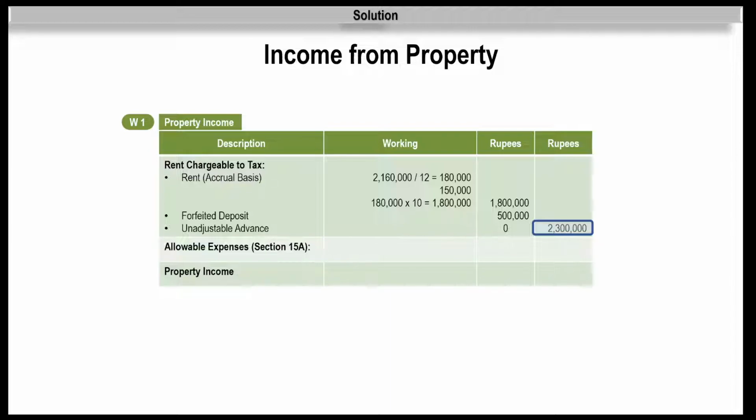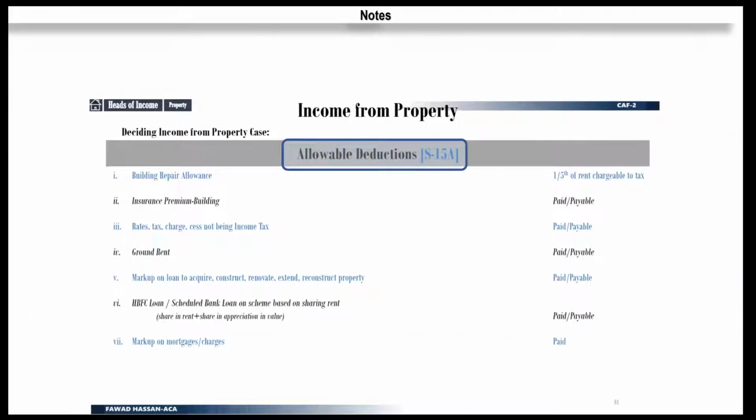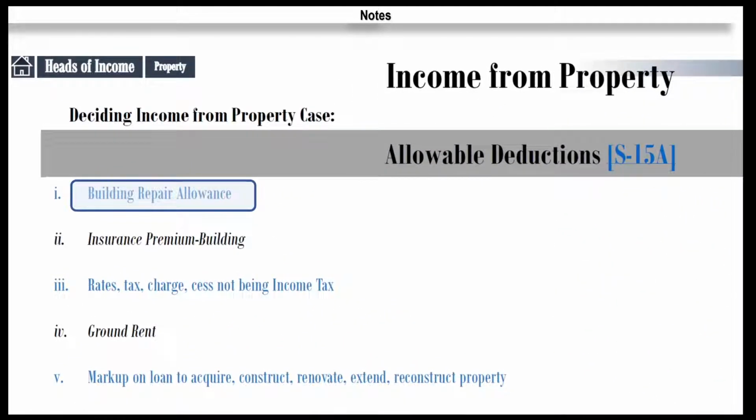Let's now talk about expenses. A list of expenses has been mentioned in section 15A. First expense given in question is ground leveling. This is a repair expense for the plot of land. Recall notes slide. A repair allowance is allowed. Please note that a repair allowance is allowed only for building. This question is about a plot of land.